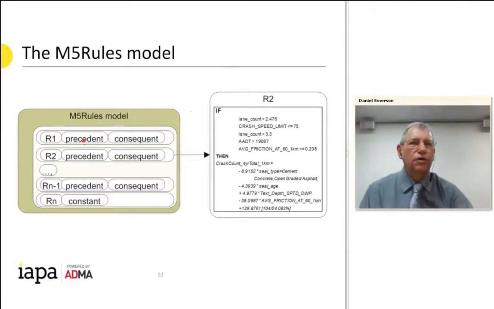And if we look here, we can see that in the precedent we have a number of conditions involving the lane count, the crash speed, the friction, and the traffic rate, and then we actually calculate the average using the seal type, the seal age, and so on, and including skid resistance here, which is our particular variable of interest.